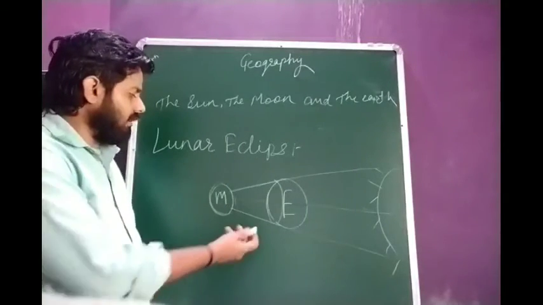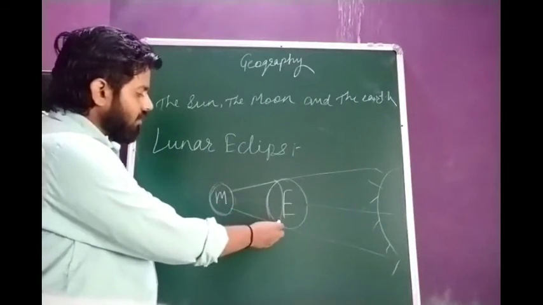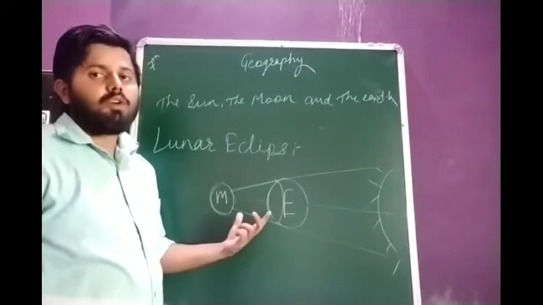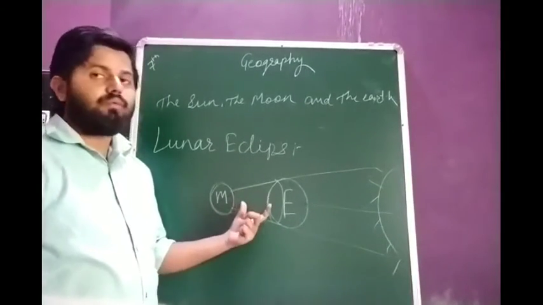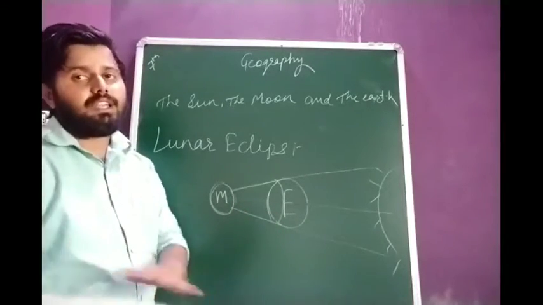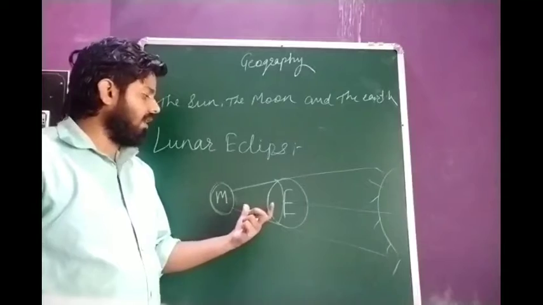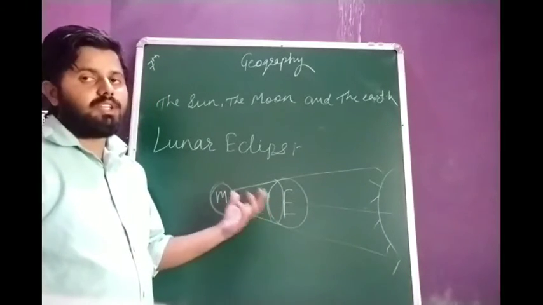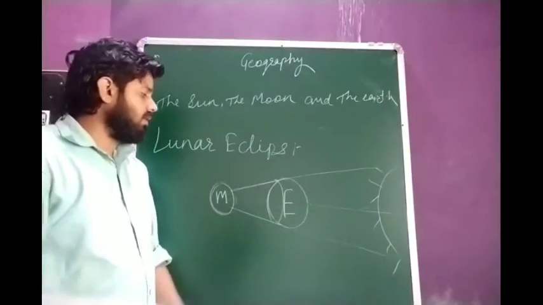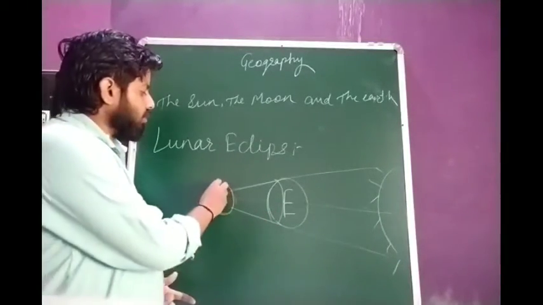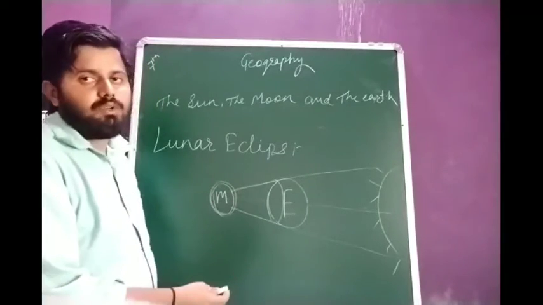So again, a lunar eclipse occurs on the full moon night only, right? It will not occur at any time. We experience it only on a full moon day or full moon night. So again, in the lunar eclipse also, there is the total lunar eclipse and the partial lunar eclipse.